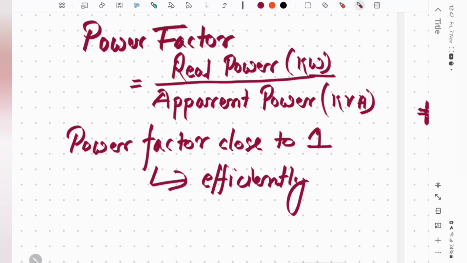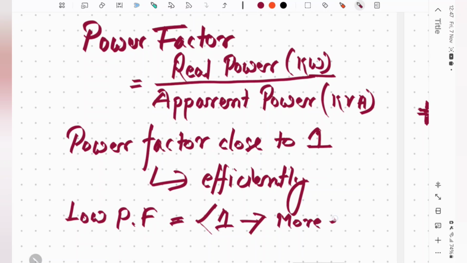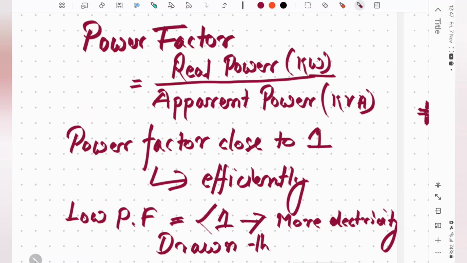Now a low power factor, that is less than 1, means wastage. More electricity is drawn than actually used. Whenever the power factor is less than 1, whatever actual power is required, that house or that component is consuming more electricity.